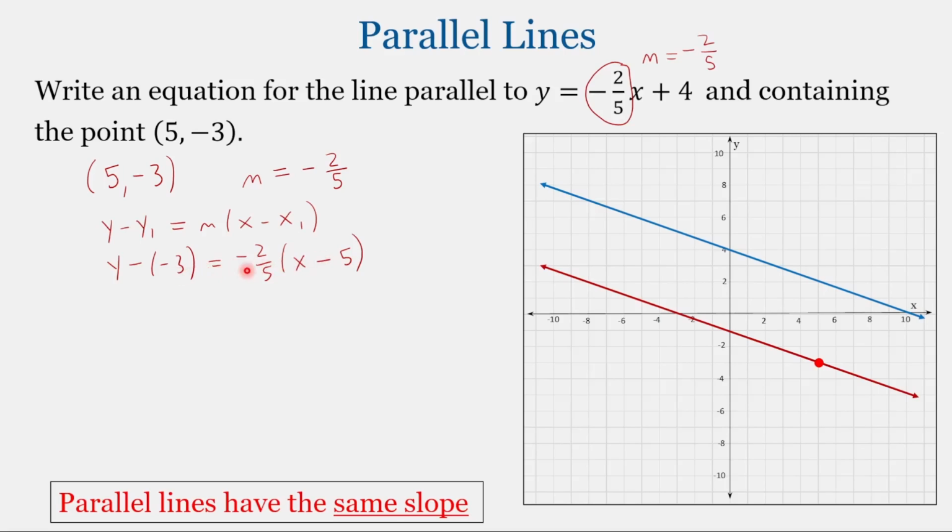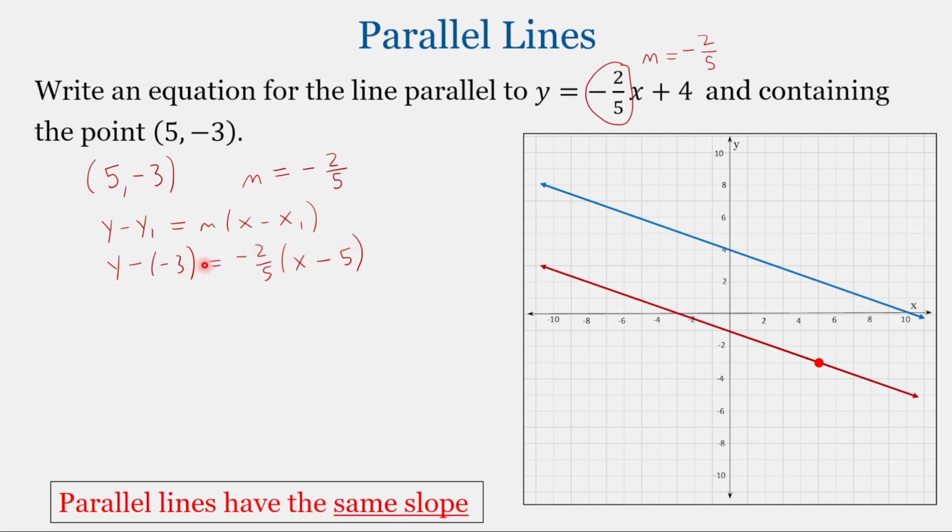Now this is an equation for the line parallel to y = -2/5 x + 4 and containing the point (5, -3). It's written in point-slope form.